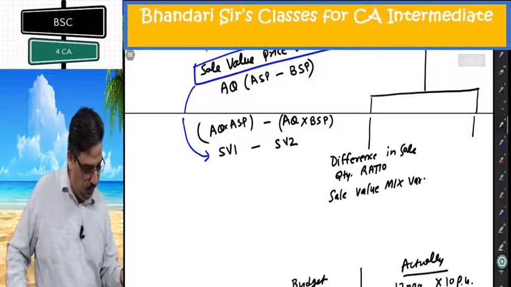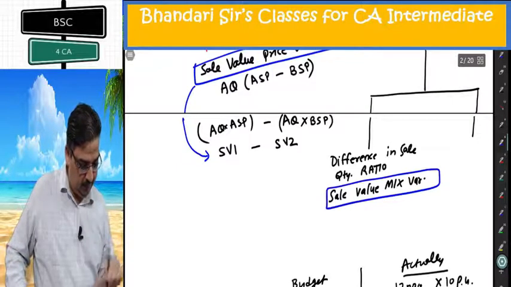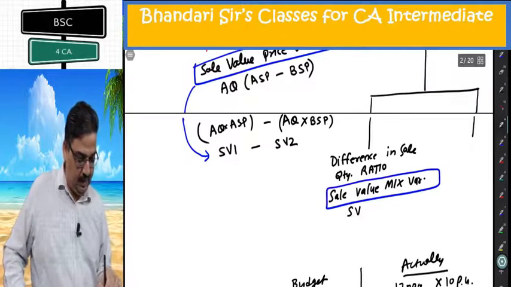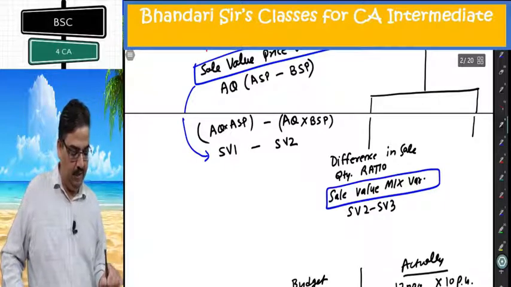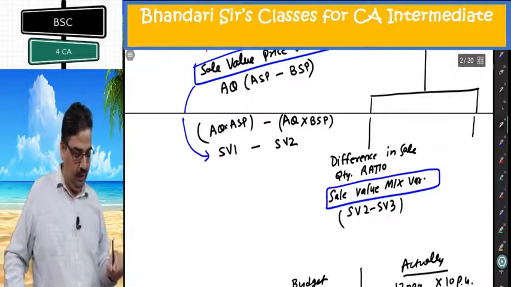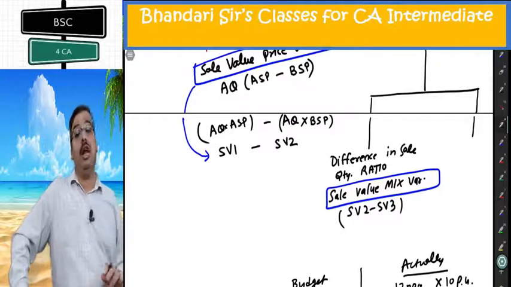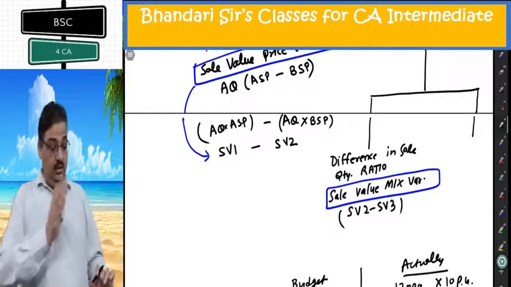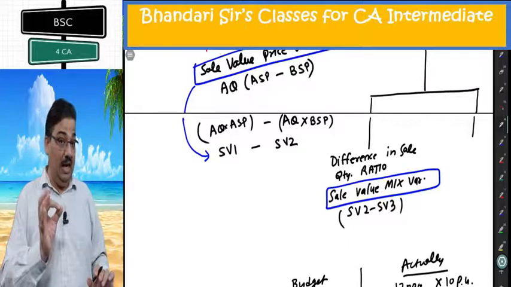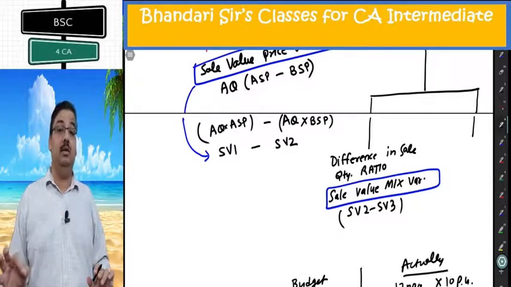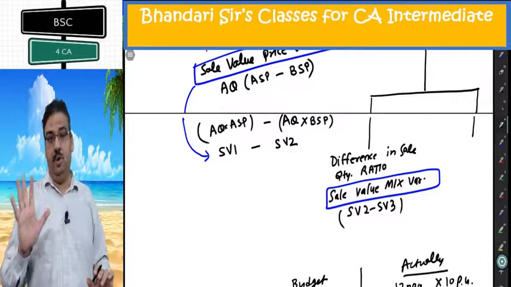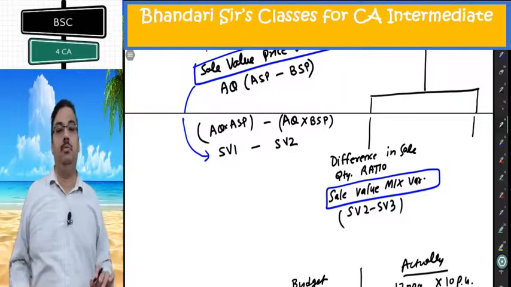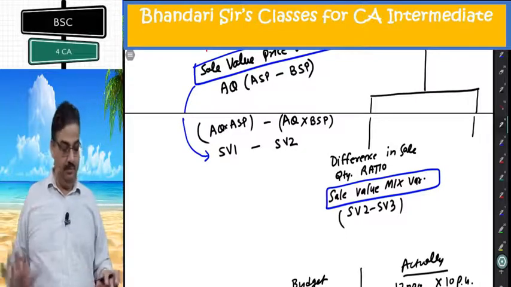Sale value mix variance. What were the steps? SV2 minus SV3. In SV3 we computed if they were in standard proportion what would have been the value. Now everywhere the selling price we are using is budgeted or standard. Only in SV1 it was actual. Everywhere else it is standard.